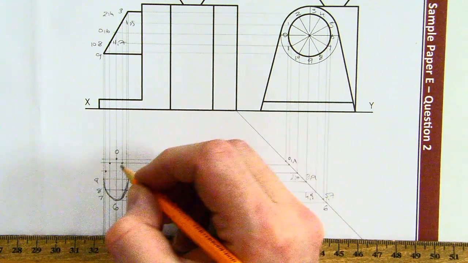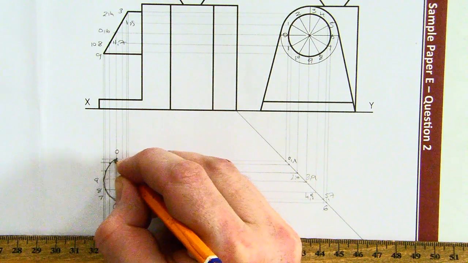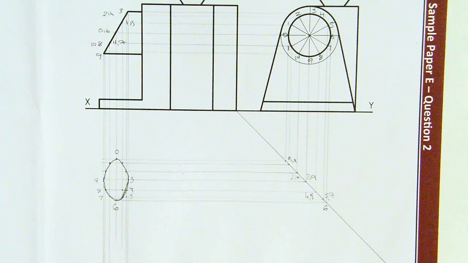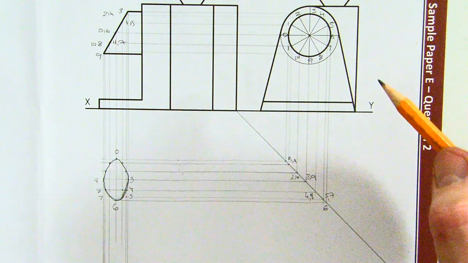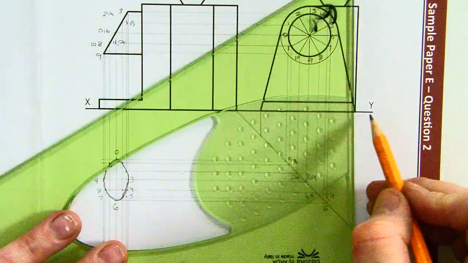You can finish off this curve at the top. Then that's the main part of that question. The rest of it now we're just going to draw around the outside. So I'm going to take this down.